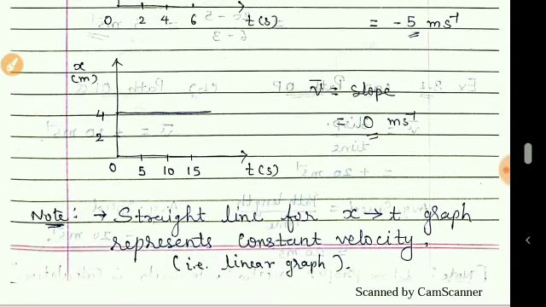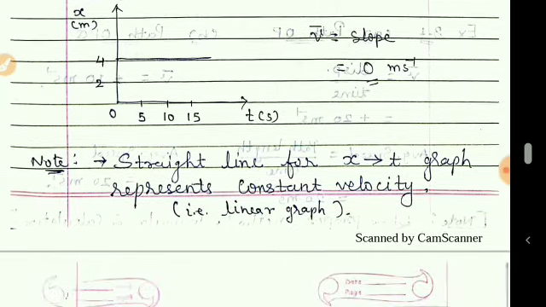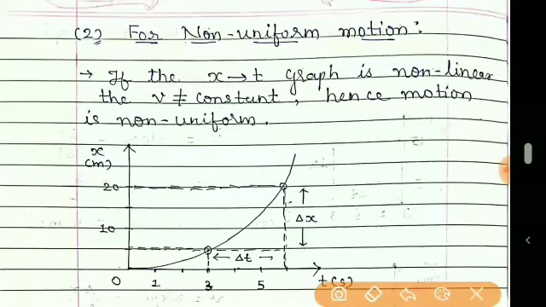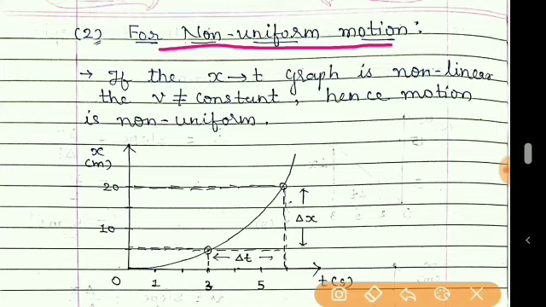So this is about the position time graph for uniform motion. Velocity remains constant and the graph will be a linear graph, a straight line graph. Now next is about non-uniform motion.